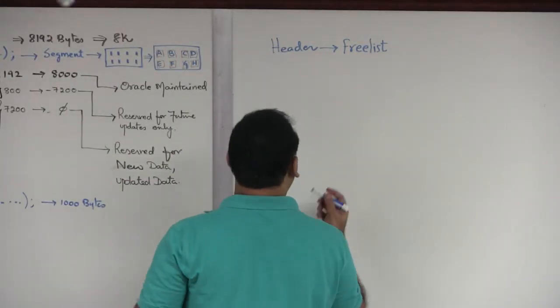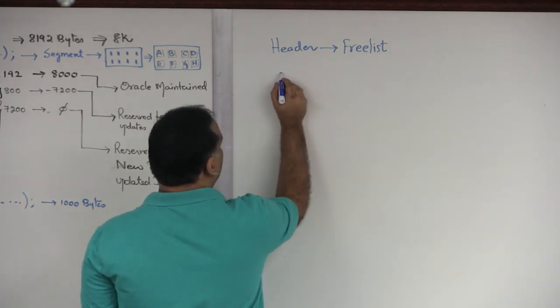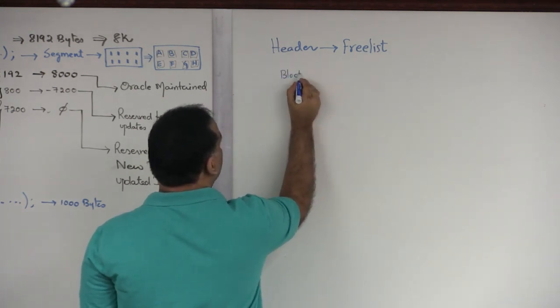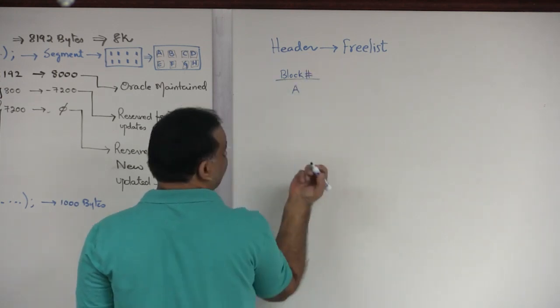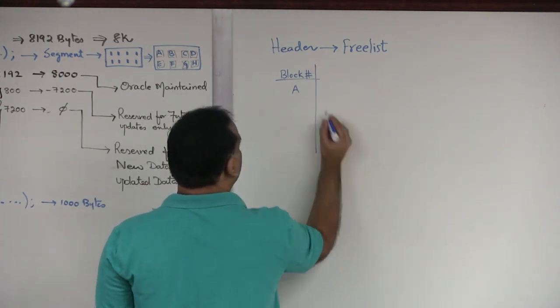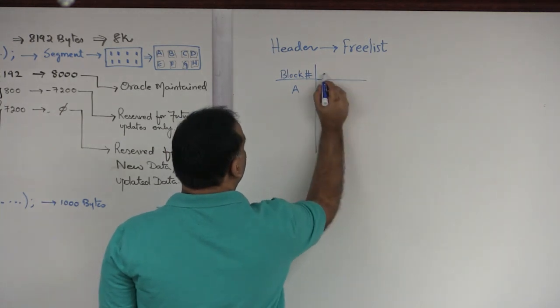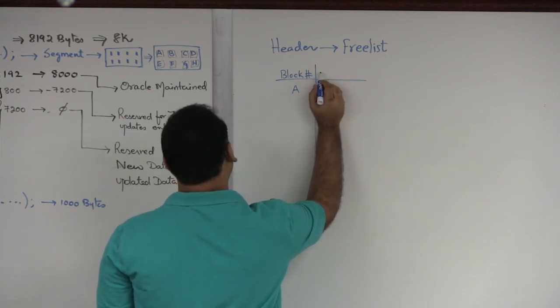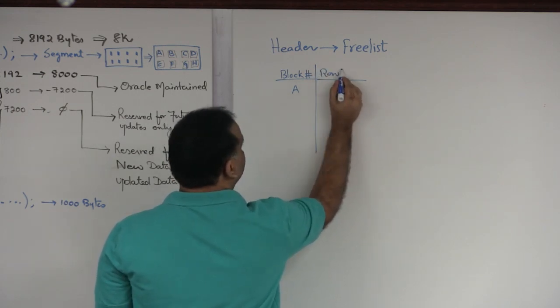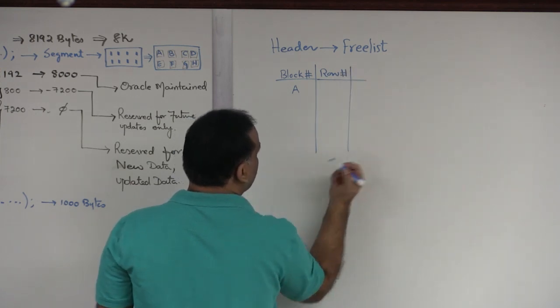Now the free list, if you start looking into this, here it will say block number. So in our case, our block number is, let's say, A. And then it has the table information. So let's say the row number. What is the row number that is getting in here?